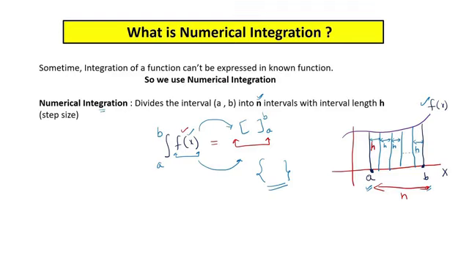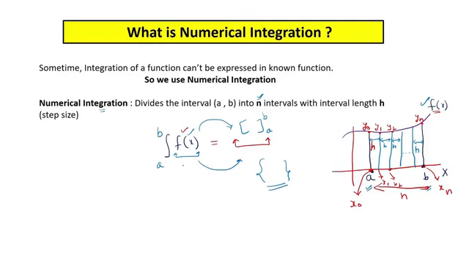So point A will be called x0, this will be x1, this is x2, and so on. The last point will be xn. Corresponding to these points, we have the values where they cut f(x). This will be treated as y0, this as y1, this is y2, and so on. The last will be yn.